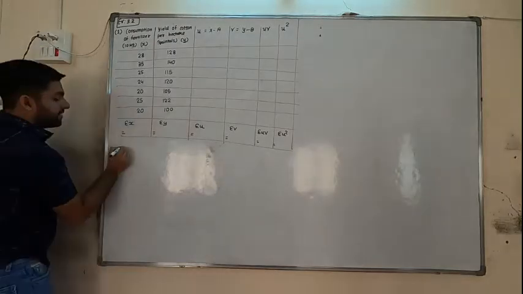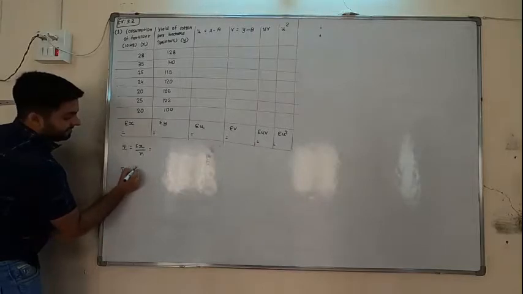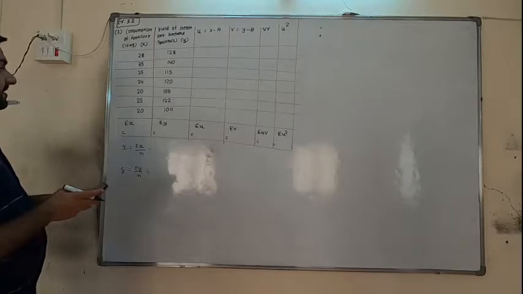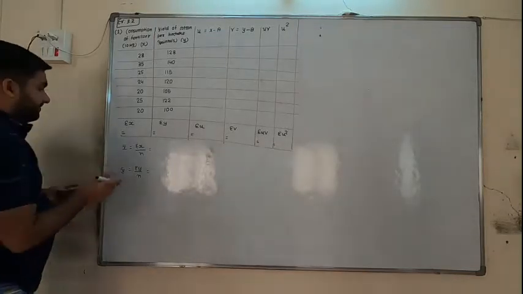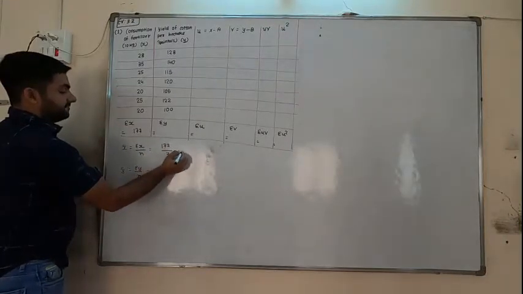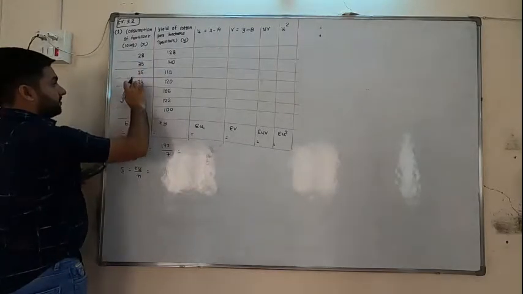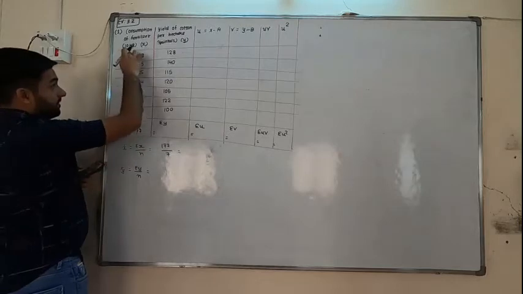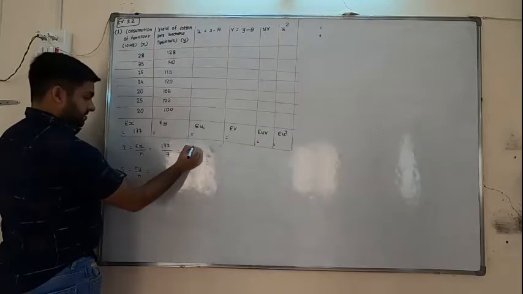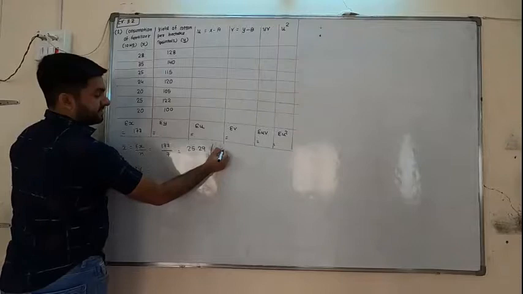First let's find x bar and y bar. X bar is sigma x by n, y bar is sigma y by n. 28, 35, 25, 24, 20, 25, 20. 177 by 7, 1, 2, 3, 4, 5, 6, 7, okay. 25.29, and we will write a slash and per 10 kg.